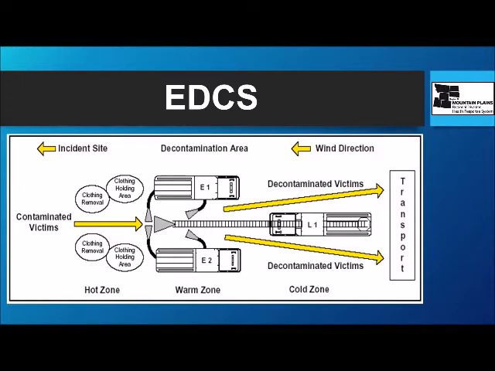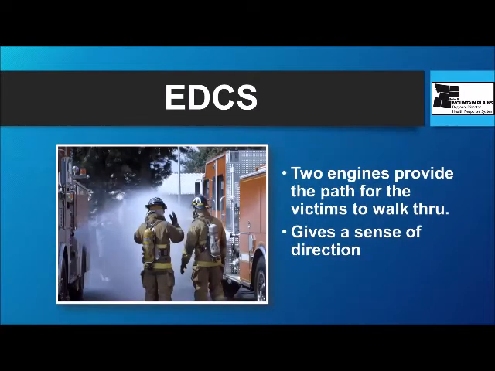You also see a ladder truck that could have a higher hose placement. And again, high volume, low pressure. And then they walk through this. It's visually apparent to them what they're going to do. And then decontaminated patients can then get moved to the treatment and transport areas.